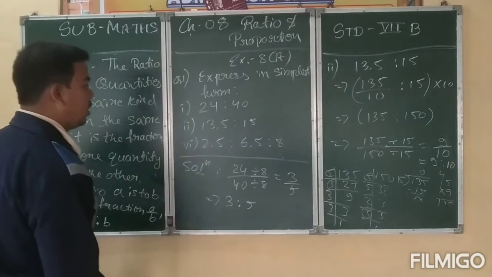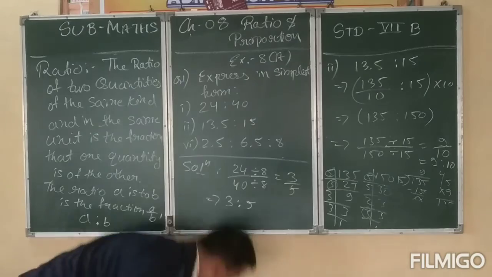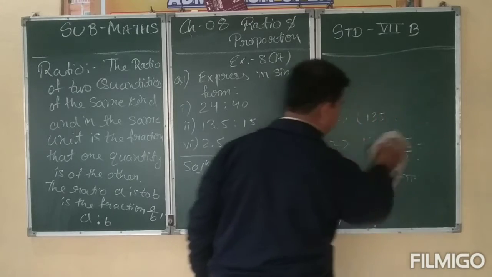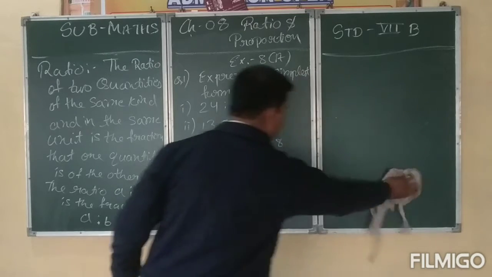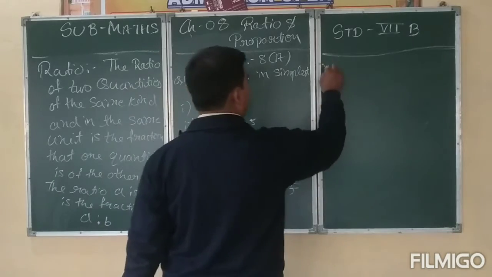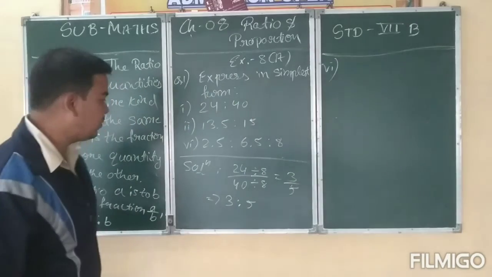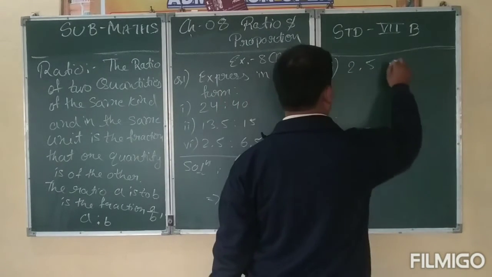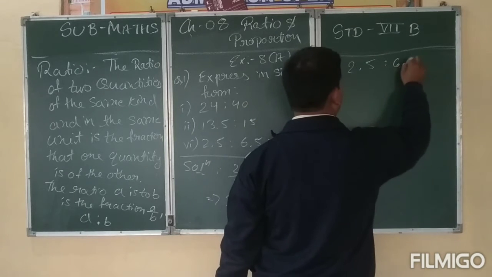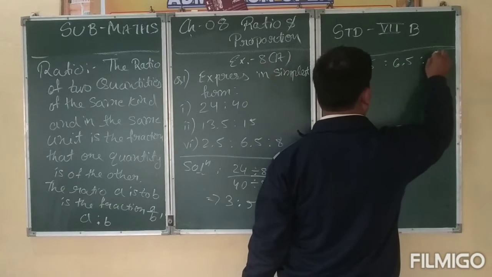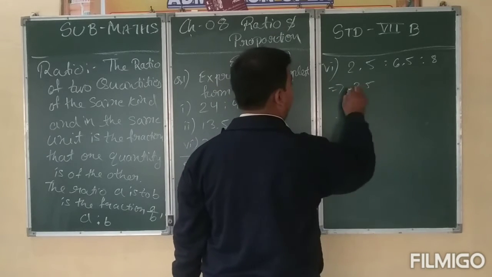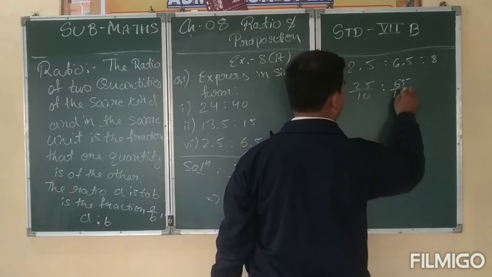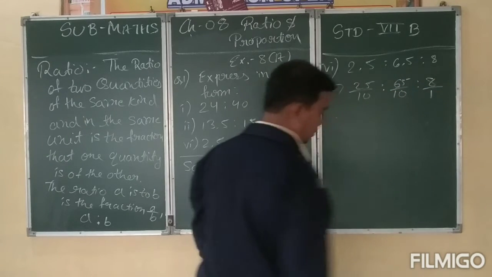Okay, the sixth question. Question number 6: ratio 6.5 ratio 8. 2.5 ratio 6.5 ratio 8. So 25 by 10, point cut, ratio 65 by 10, ratio 8 by 1.